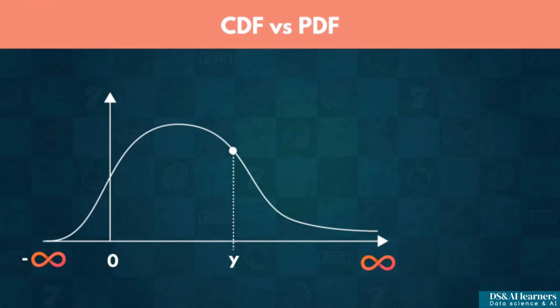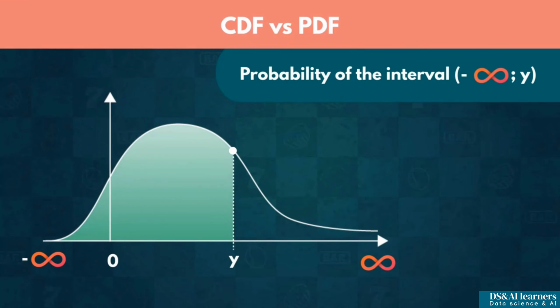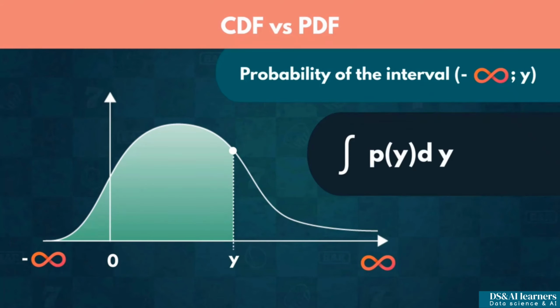Notice how the cumulative probability is simply the probability of the interval from negative infinity to y. For those who know calculus, this suggests that the CDF for a specific value y is equal to the integral of the density function over the interval from minus infinity to y.